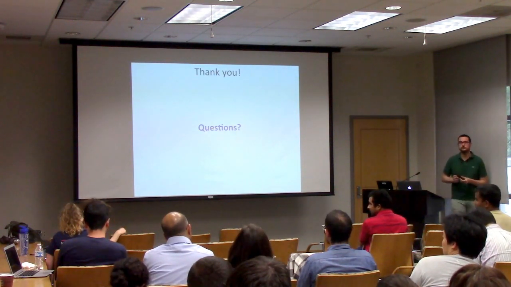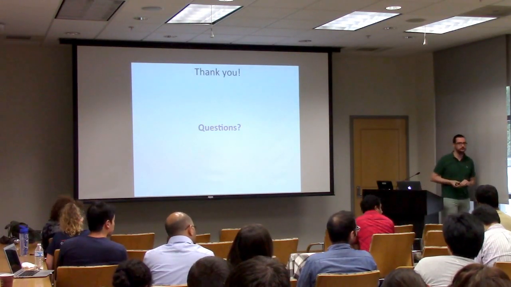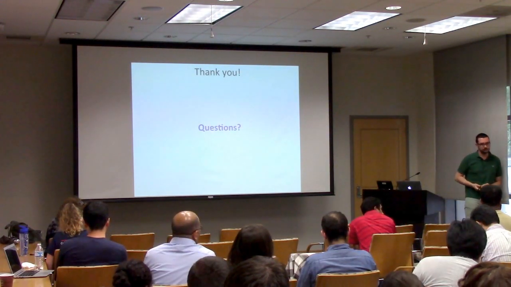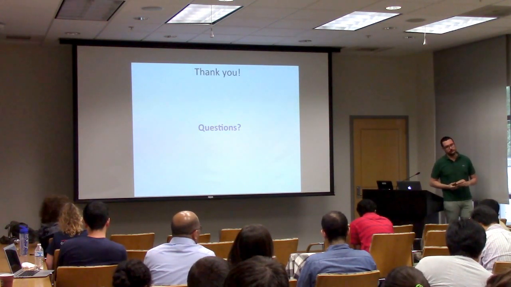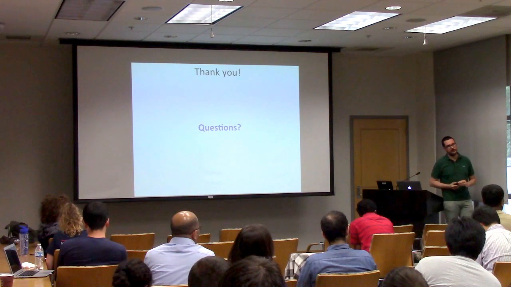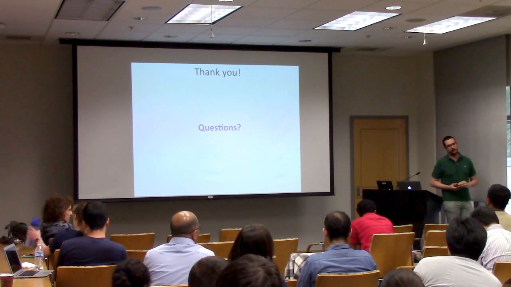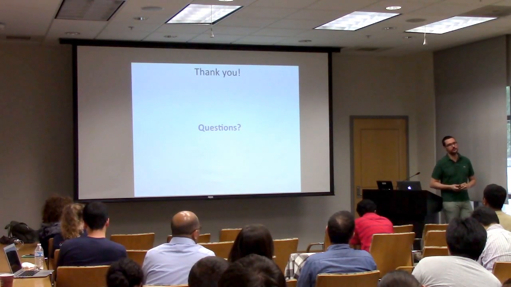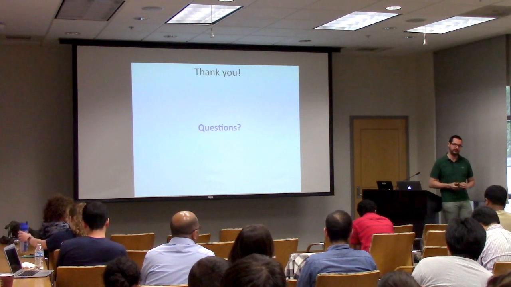I guess there was one here, but I was just wondering, you use the union now. Would it make sense to think about other combinatorial functions of the single genes? Yeah, I think it would make a lot of sense to consider, for example, the intersection.